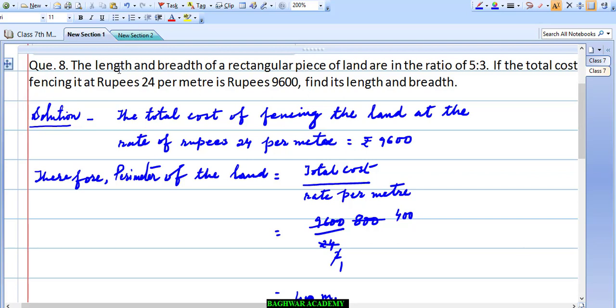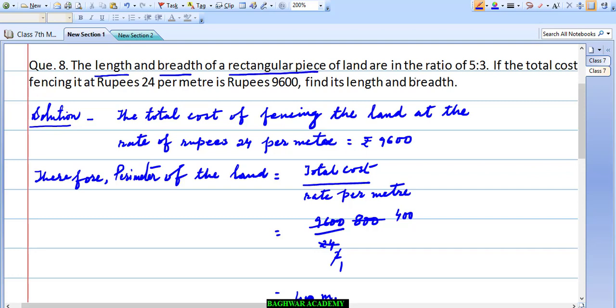First of all, before starting the question, you need to know what has been given. Here, the length and breadth of a rectangular piece of land have been given in ratio.